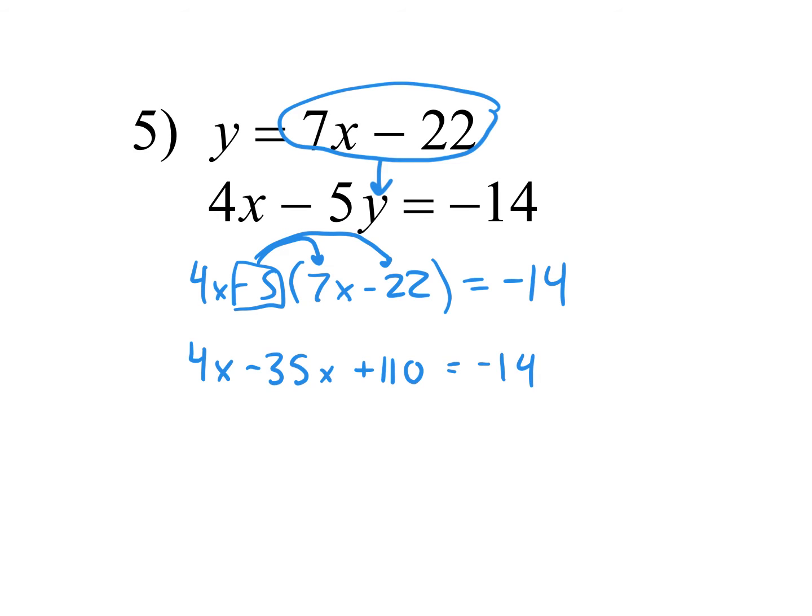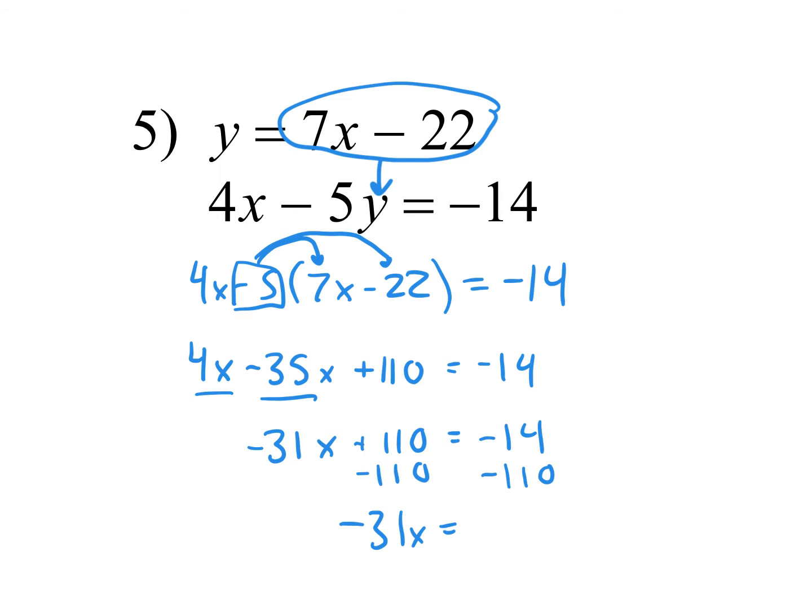What should I do next? Combine like terms. So 4x minus 35x is what? Negative 31x plus 110 is equal to negative 14. What's next? Subtract 110. So negative 31x is equal to negative 124.